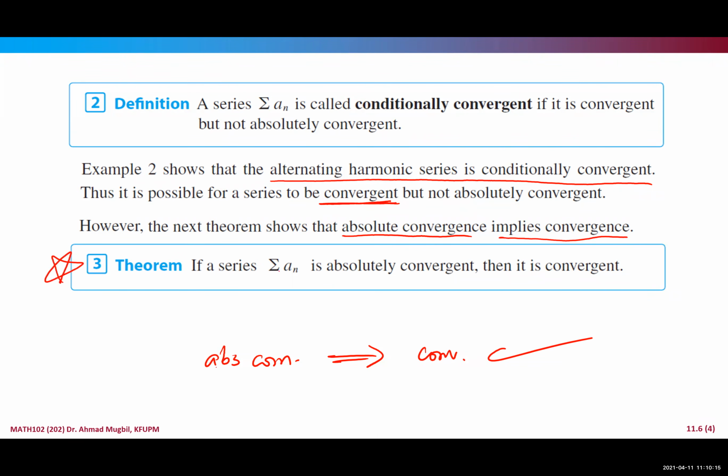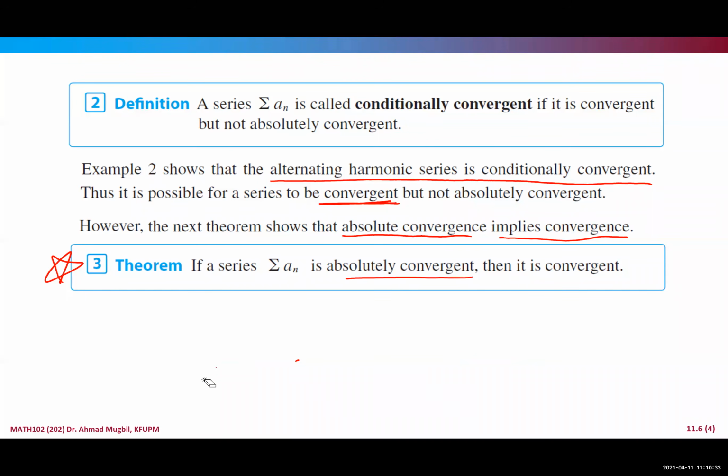This theorem says if the series is absolutely convergent, then it is convergent. So it is like a special offer: if you have the absolute convergence, you get the convergence for free. It is enough to be absolutely convergent. But the converse is not true.